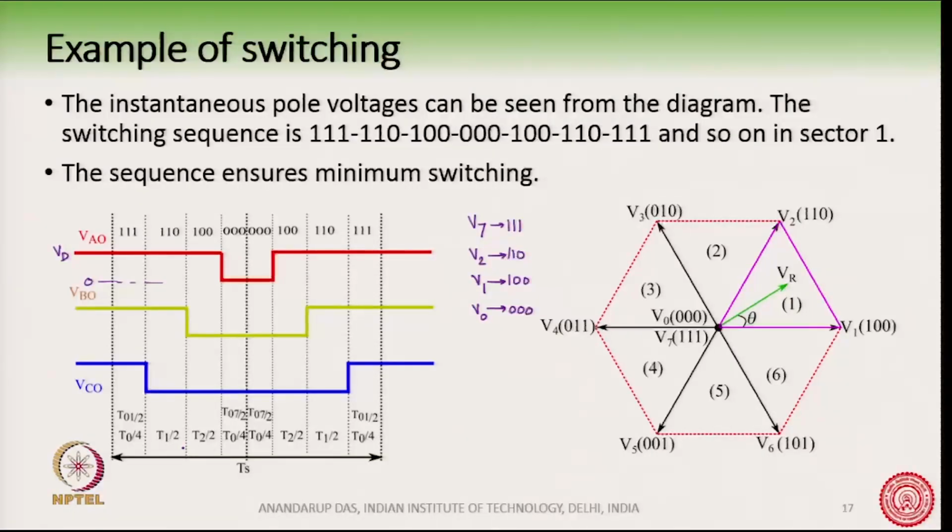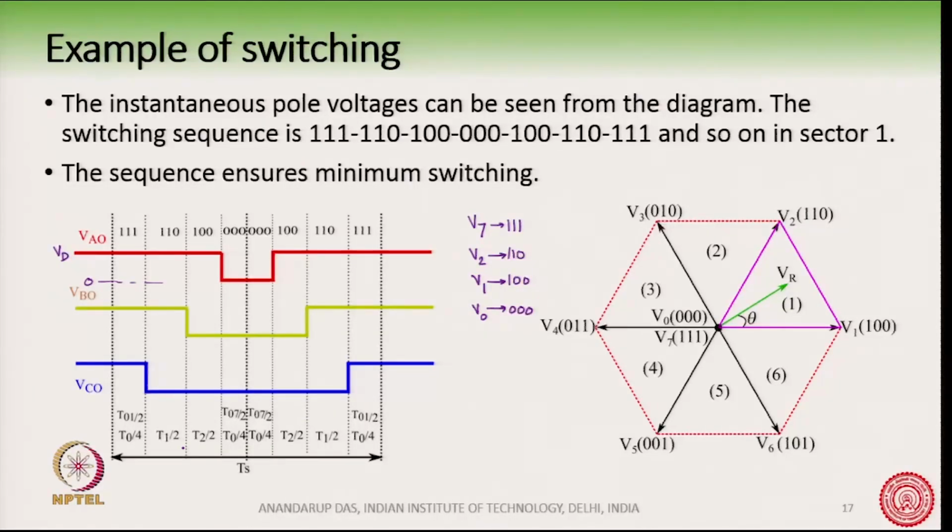Now, here we have actually divided this whole Ts time period into 2 subdivisions, that is Ts by 2 and Ts by 2. Why we have done this will be clear when we analyze the space vector PWM implementation using a carrier.